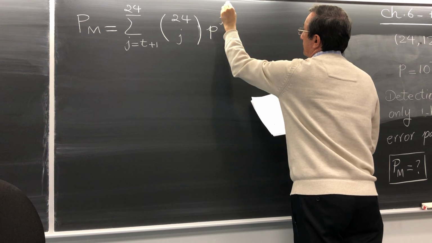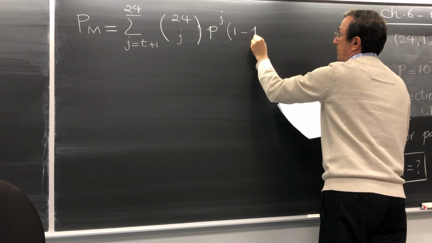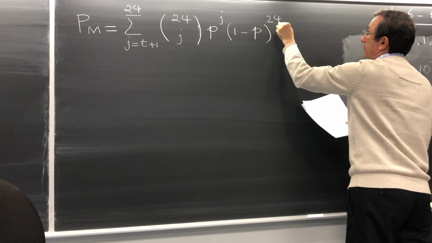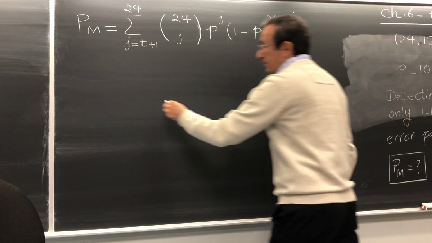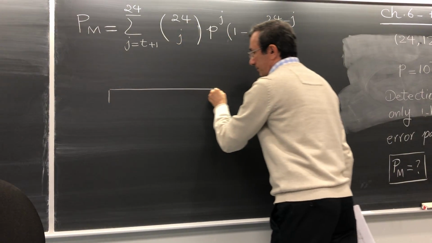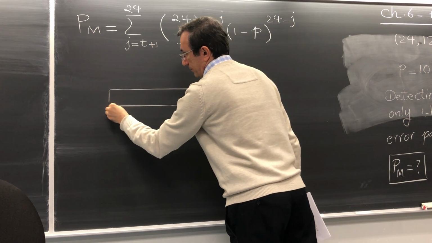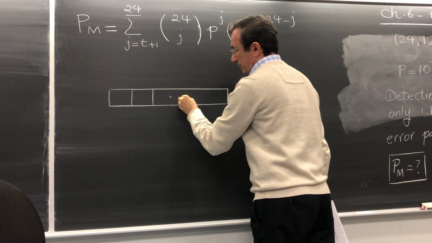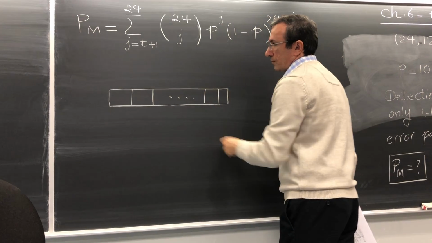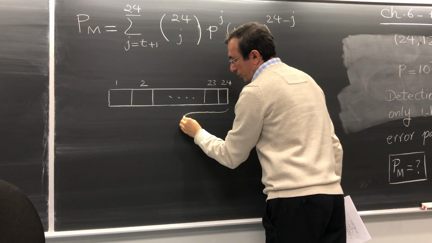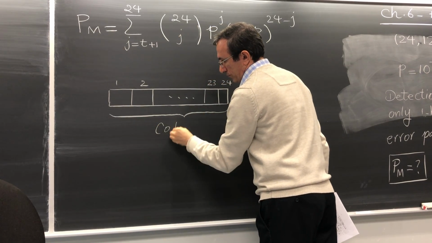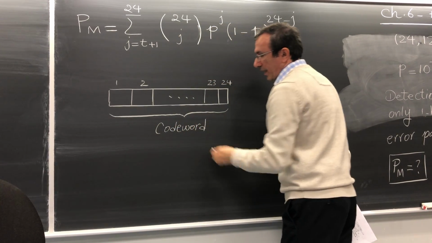P to the power of j and 1 minus p to the power of 24 minus j. So what we have is actually a 24-bit code word. So this is our code word after coding.